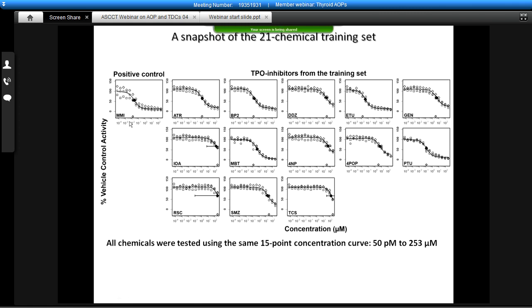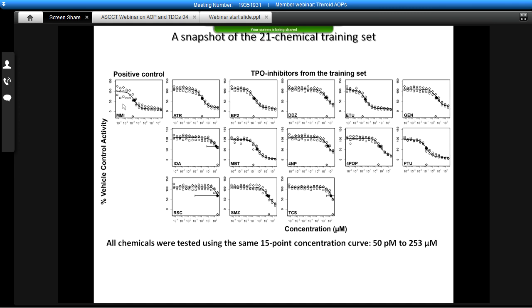The 3 symbols present at each concentration, the diamonds, circles, and squares, represent distinct biological replicates, and each biological replicate was performed on a different day with a different lot of microsomes. And Joan Hedge and I prepared bulk lots of rat thyroid microsomes with 60 rats per lot, so there's a lot of biological variation encompassed in each of these points.